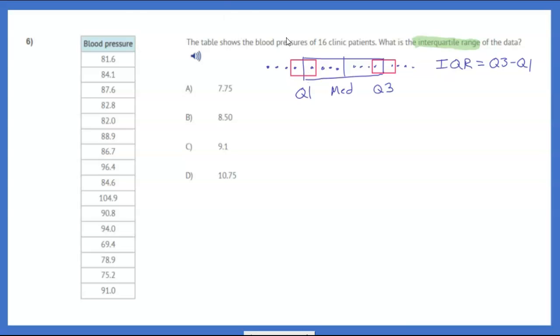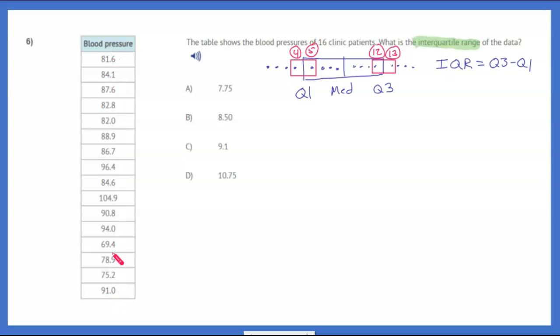This is 1, 2, 3, data point number 4, data point number 5, and then this is 16, 15, 14, 13, and 12. So those are the only data points we're interested in, 4 and 5, and 12 and 13. That may mean we don't have to sort all this stuff in between.